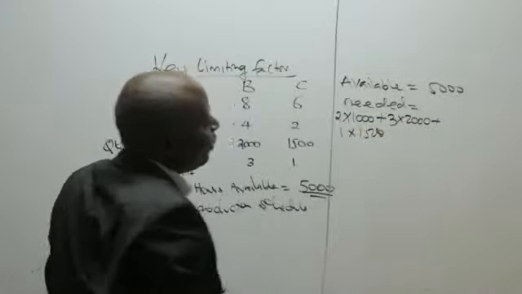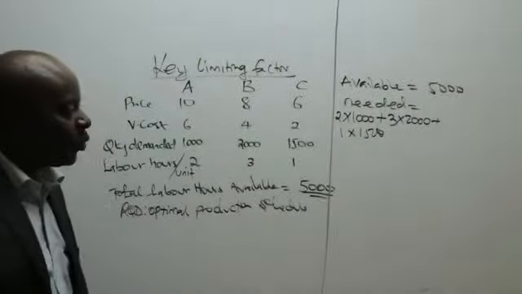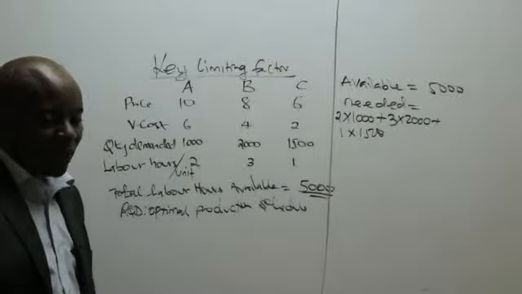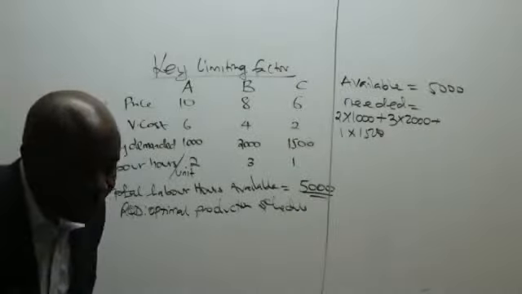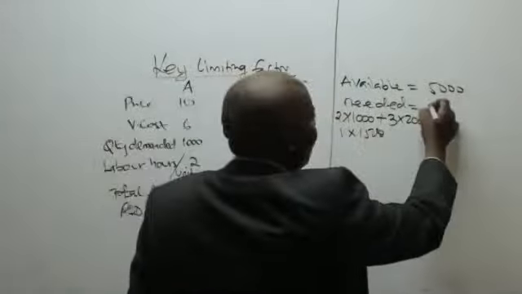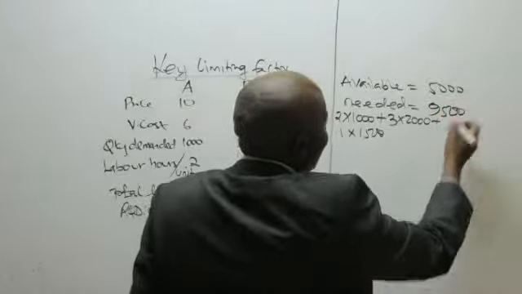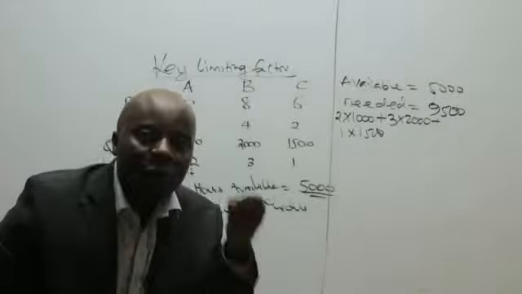Could you kindly give me the number of hours which are needed? Somebody with your calculator there. How many hours do we need? Somebody tells me we need 9,500. So you can see we need much more than we have.